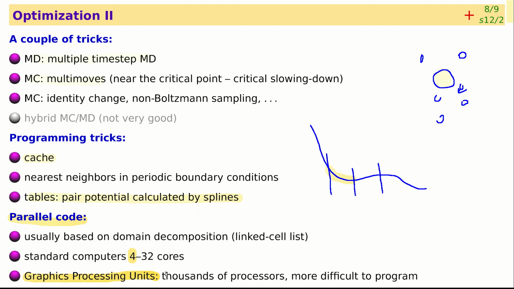This is a challenge because we have thousands of processors, but we don't have enough memory, and usually there are groups of these processors, like 32, that run the same code but with different data. So it is much more difficult to program. But modern packages that you can download can use the graphics processing units, and the calculations can in some circumstances be two orders of magnitude faster.